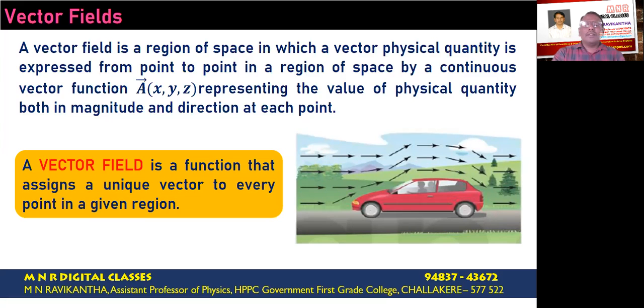Observe that the arrows are drawn in such a way that at each point, the direction of the arrow represents the direction of the vector field at that point, and the length of the arrow represents the magnitude of the vector field at that particular position.